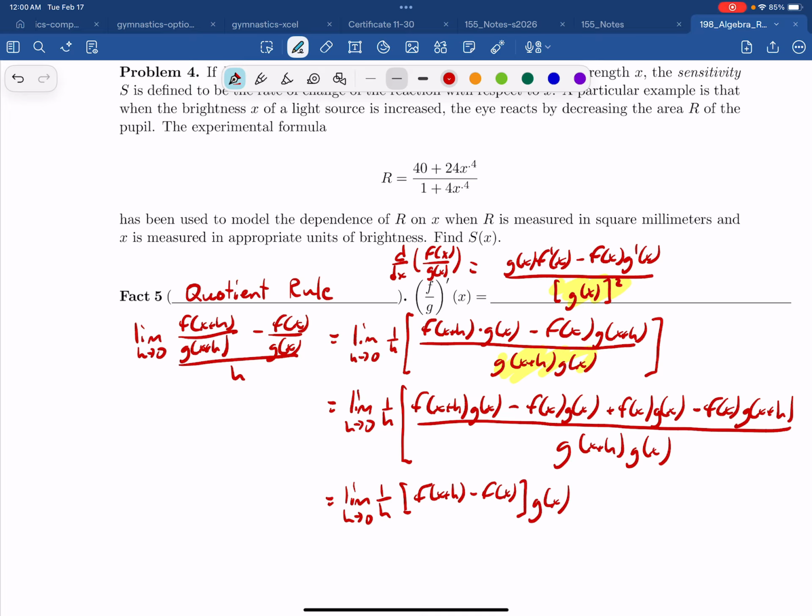I'll do the whole numerator first, and then I'll do the denominator afterwards. You see how I factored out this g of x right over here.